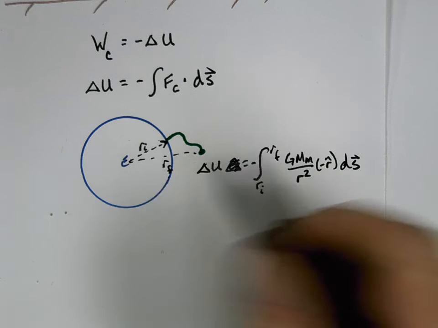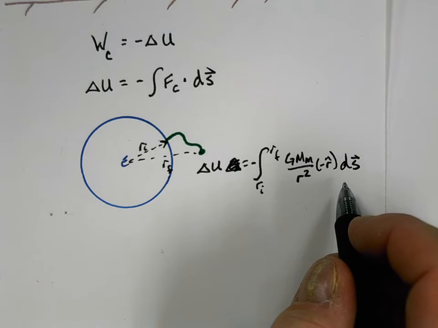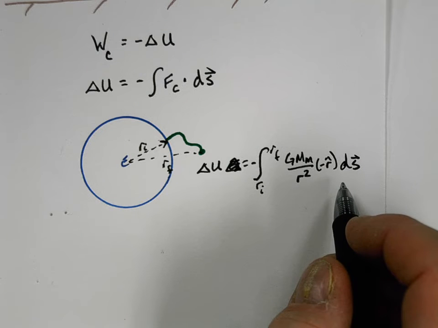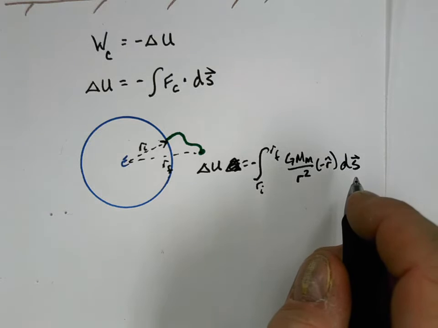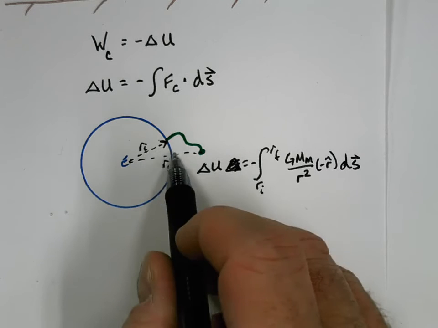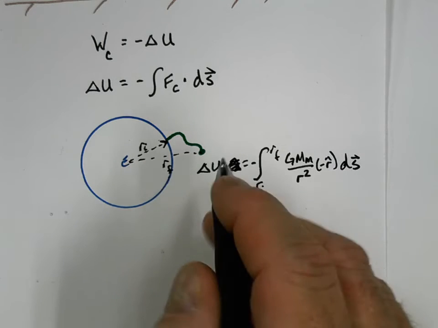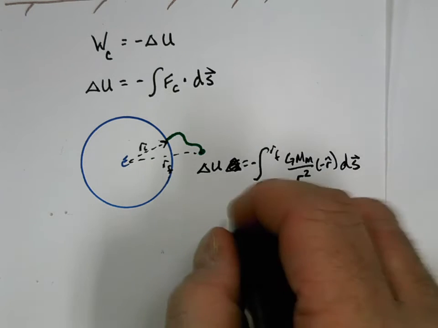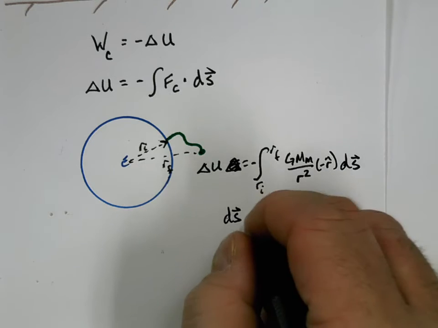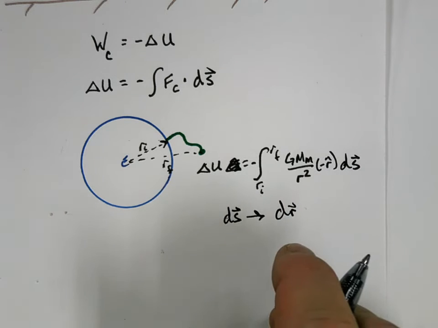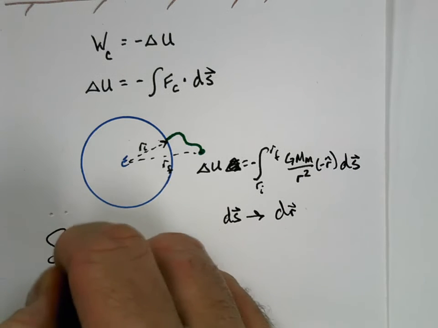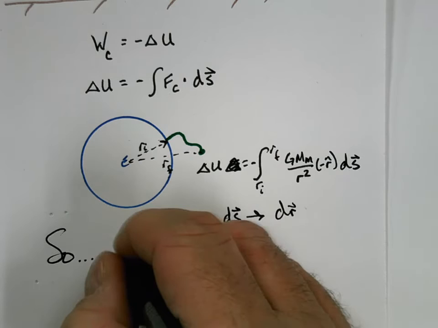Only the part of ds that actually travels in the direction of the force gets to count into the work. And so that's only our change in our radius as we move further away. So our ds changes to dr.